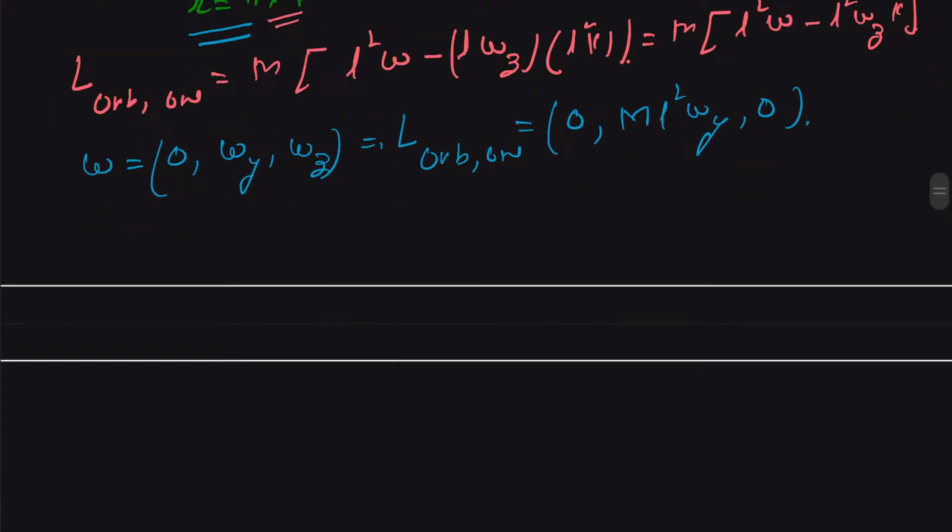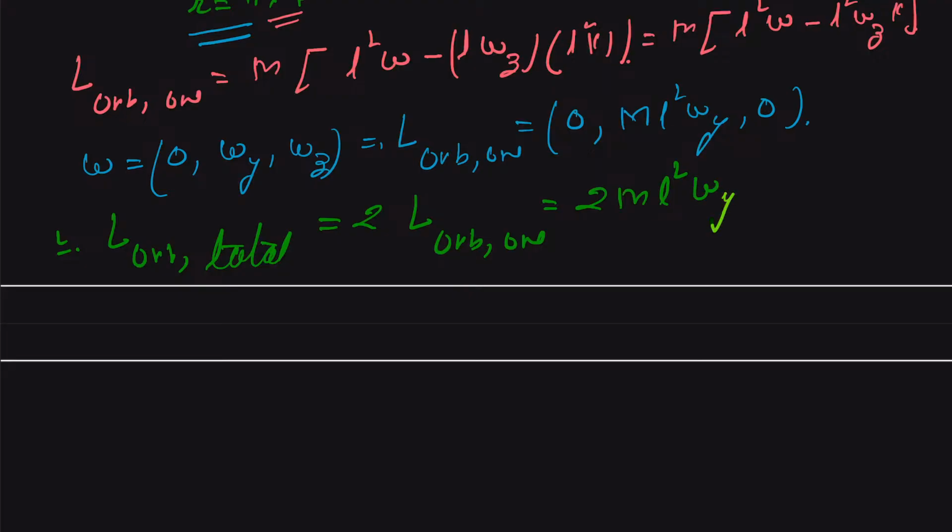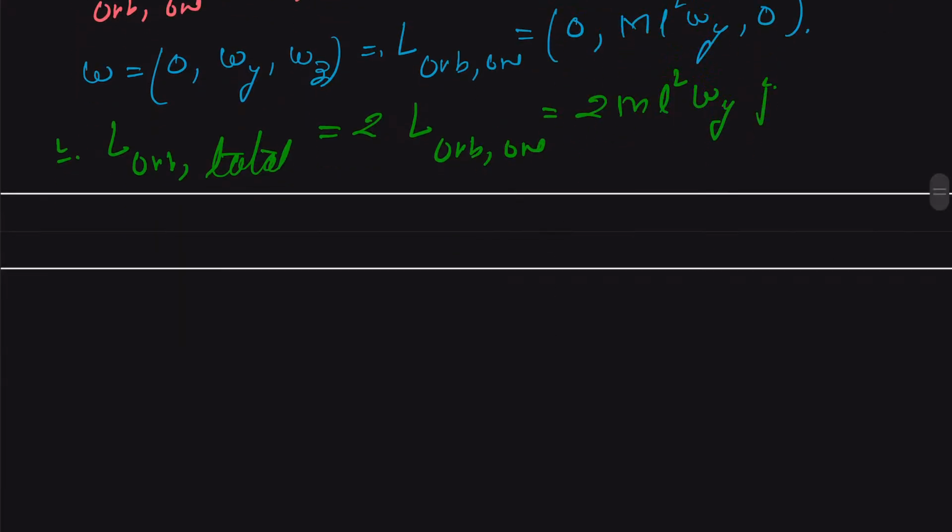So we can say that our L orbital total will be equal to twice L orbital 1, which gives us twice m L squared omega of y j unit vector, or we can also write this as (0, twice m L squared omega y, 0).